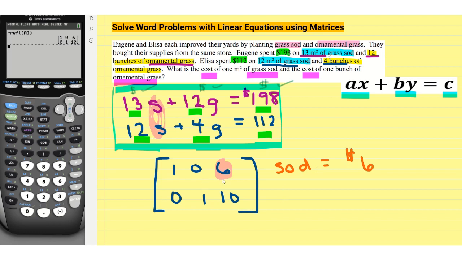And then my 10 is going to be lined up with my ornamental grass. So that means that my ornamental grass is going to be equal to $10 per bunch.